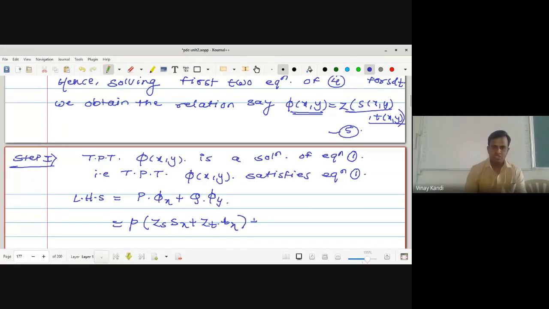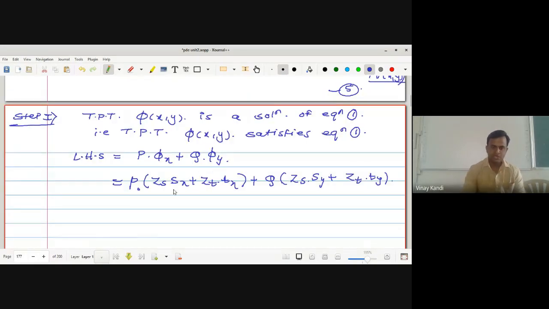Okay, plus q into, differentiate this one, phi of x, y, with respect to y now. Z is the function of s and s is the function of y. Look at here. Plus z is the function of t, then t is the function of y.